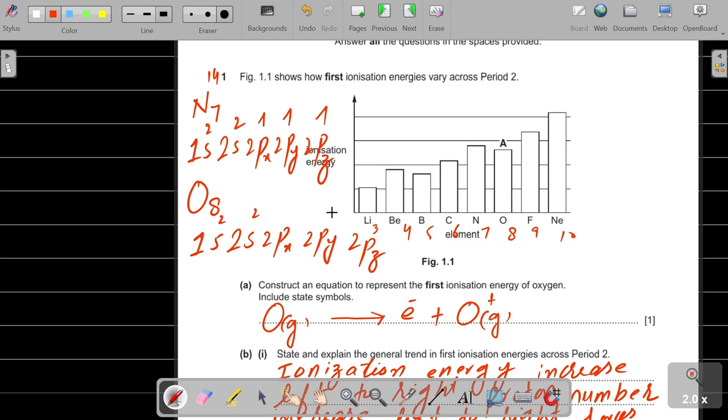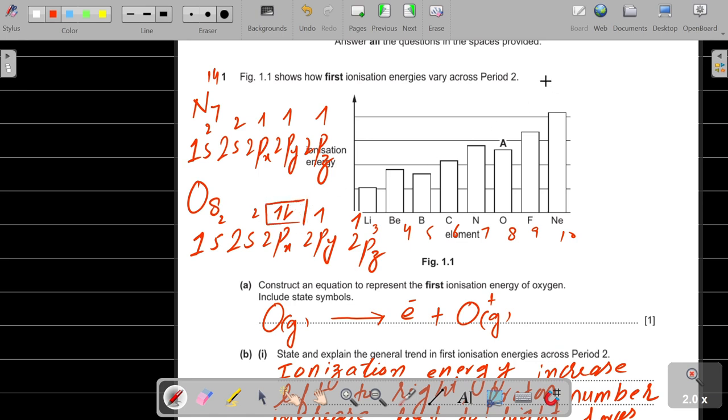So there are 8 electrons, 2, 4, 5, 6, and 7, so the remaining 8th one is here. They are showing the opposite spin. Electrons are spinning opposite to each other. You can notice in nitrogen electrons are in an unpaired form, but here we can say one of the pairs is paired.